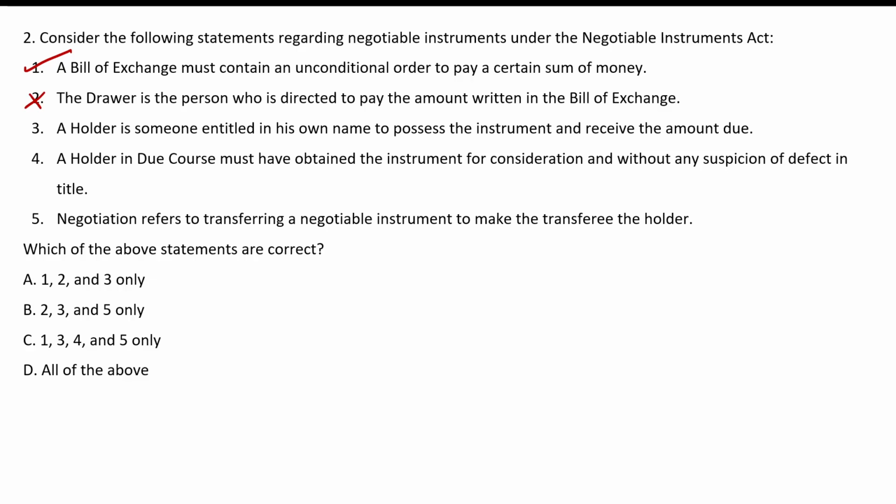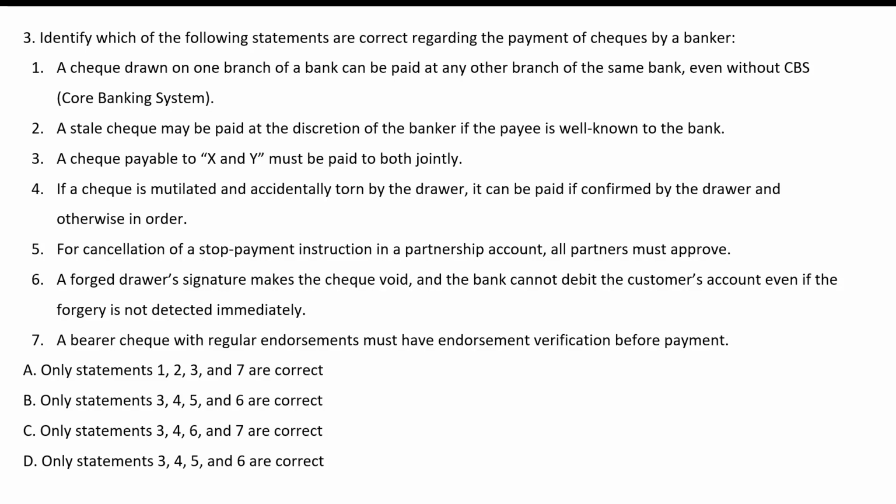So this statement is correct. A holder in due course must have obtained the instrument for consideration and without any suspicion of defect in title. This statement is also correct. Negotiation refers to transferring a negotiable instrument to make the transferee the holder. Again, this statement is also correct. So 1, 3, 4 and 5 are correct, making option C as the correct answer for this question.